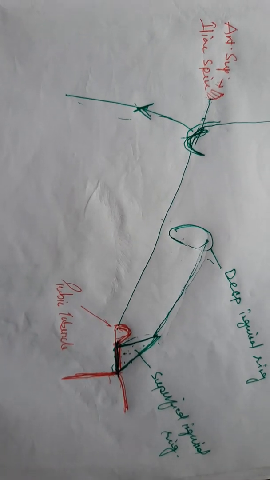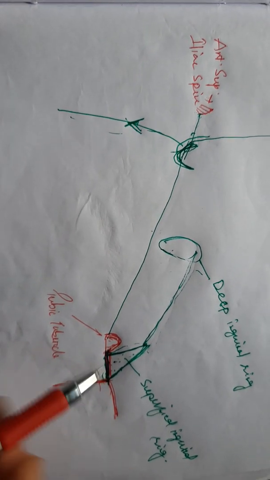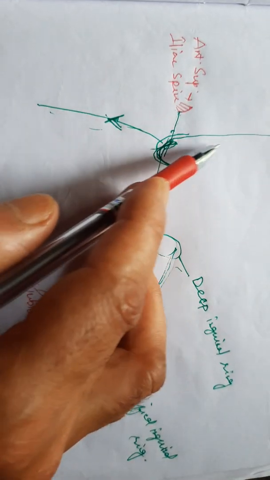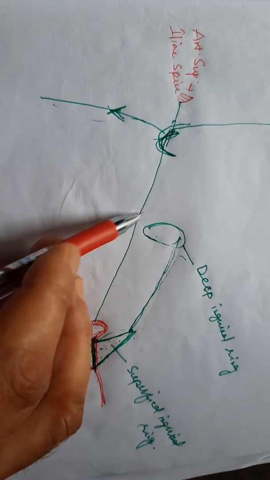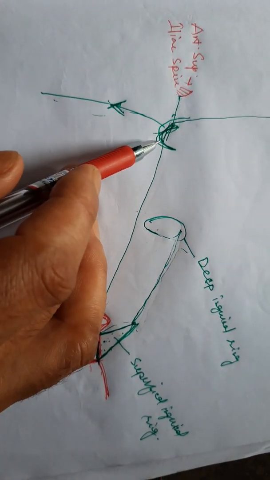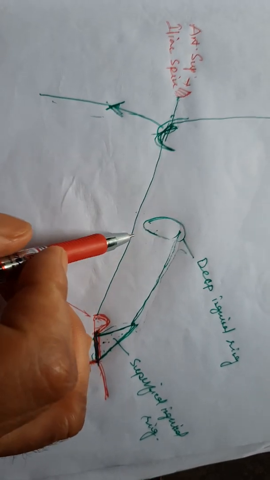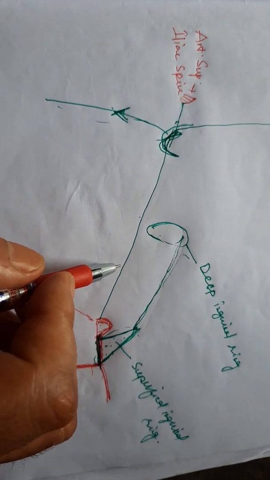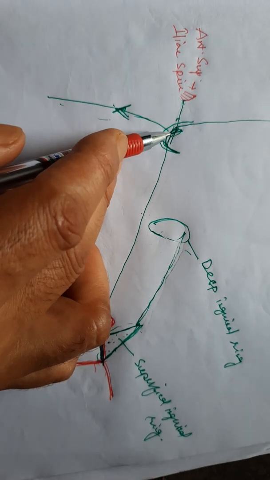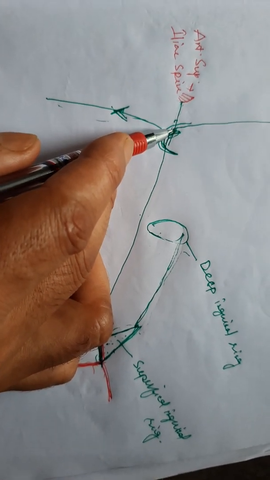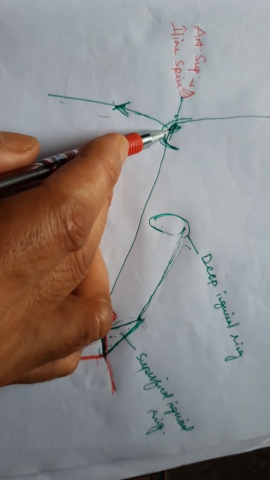You should have one concept: this external oblique muscle forms the groove where the inguinal canal lies, and from this groove two muscles arise.